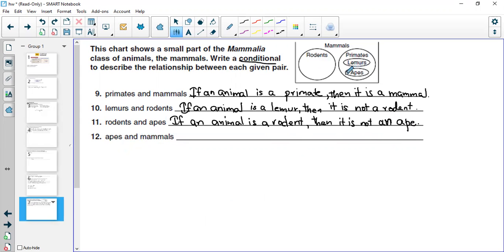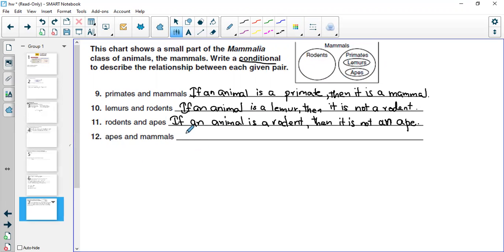The next is between apes and mammals. Here you go. Now you can see both of them are mammals. I mean, an ape is a mammal, right? That's why they have been in the same square. One is talking about apes, the other about mammals. But now you have to describe the relationship between apes and mammals. So how are you going to describe this?